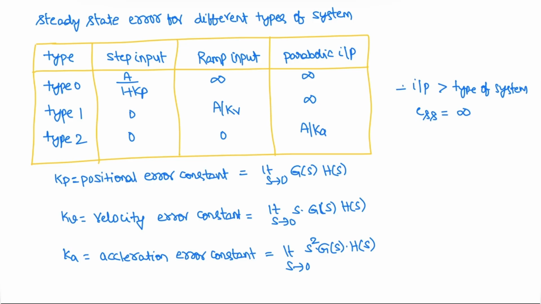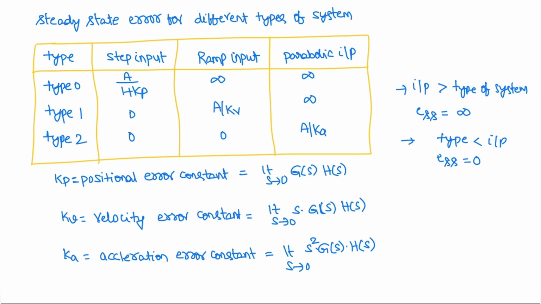Conversely, if system type is less than input, then steady state error ESS is 0. Suppose type 1 system for step input, its steady state error is 0. Simply, if type is less than input, then steady state error is 0.